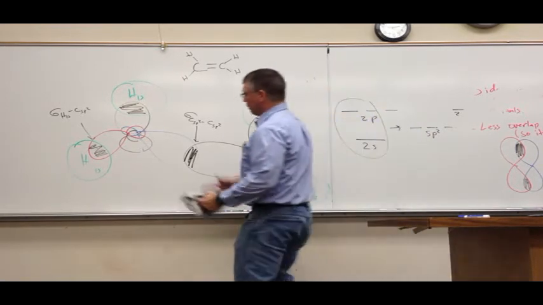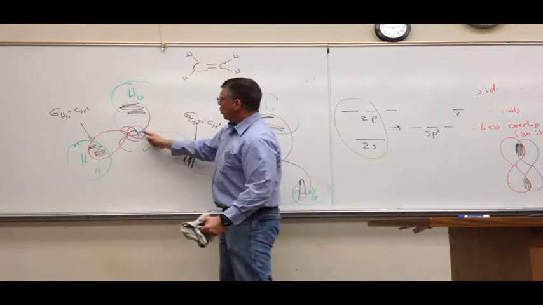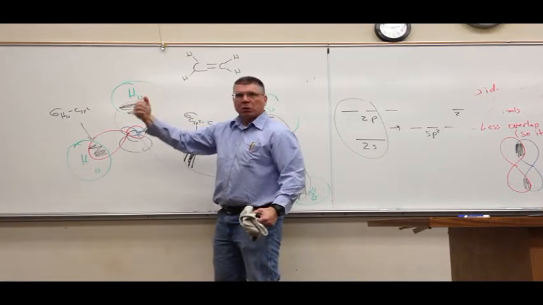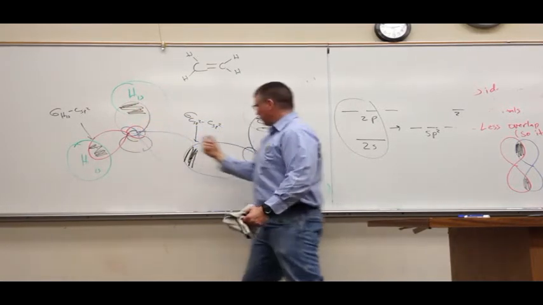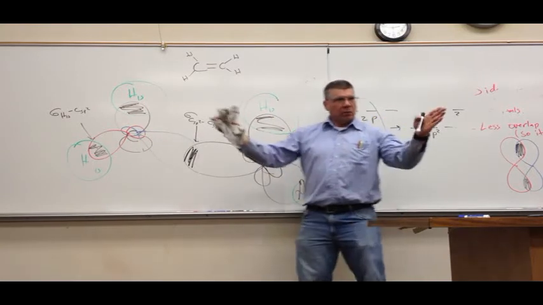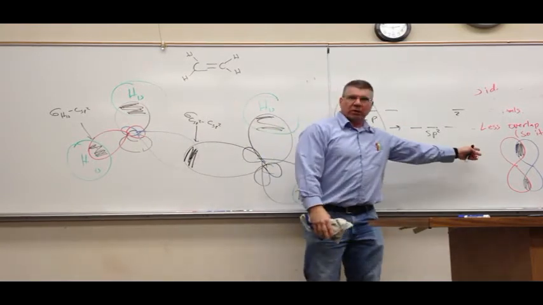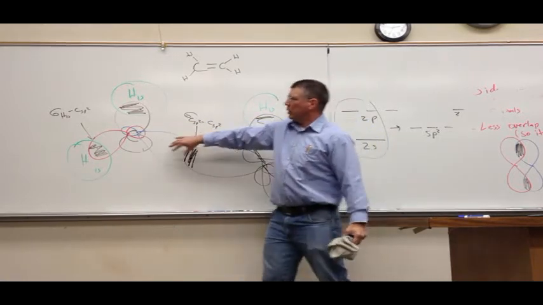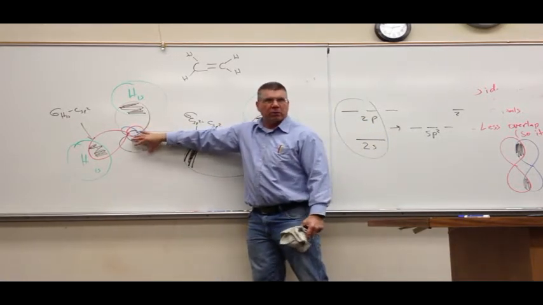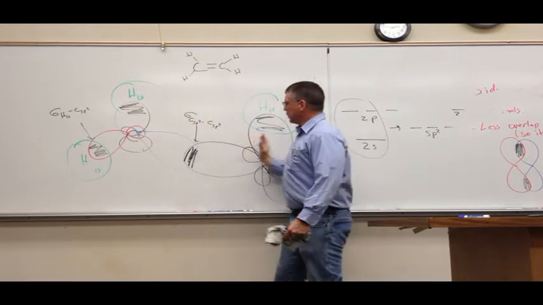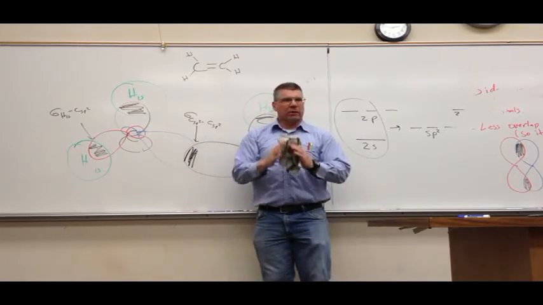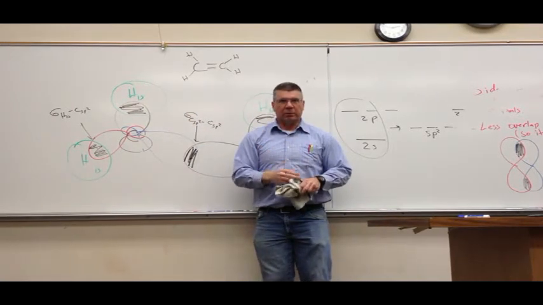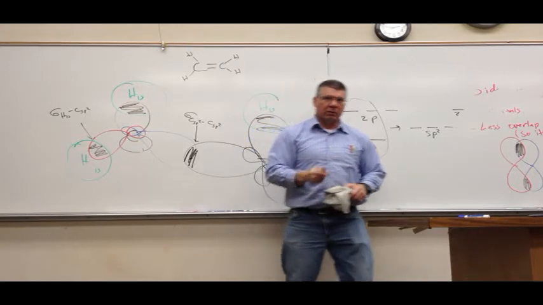And so we would have, in this picture, a p orbital sticking out of the board and going back into the board, and the same here. And they overlap sideways, like this. I drew them too far apart so it doesn't look like they would, but they're close enough together to where this p orbital and this p orbital would be overlapping sideways, forming the pi bond. See that? Try it out.